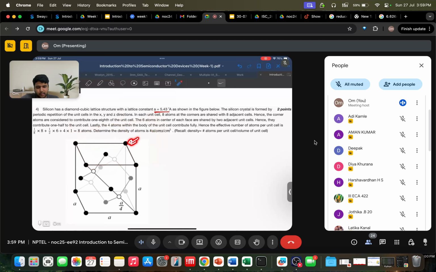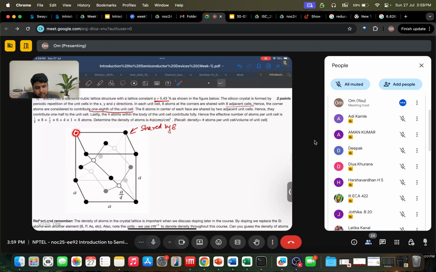So this particular atom will be shared by 8, and the corner atoms contribute 1/8 of a unit cell. We have 8 of these corner atoms, 2, 3, 4, 5, 6, 7, and 8, each shared by 8. So in one unit cell, it would be 8 into 1 by 8 as their contribution.